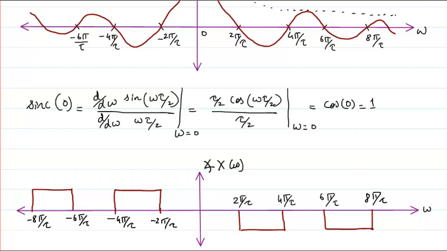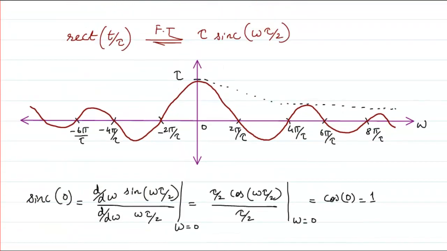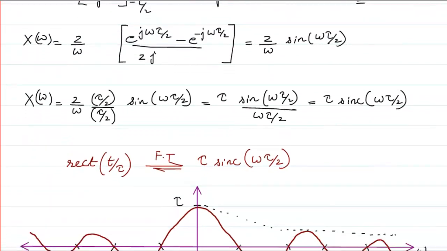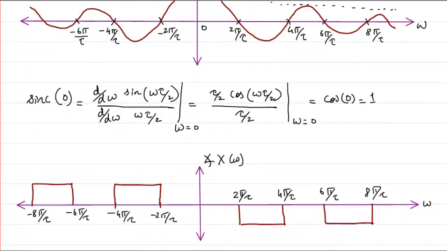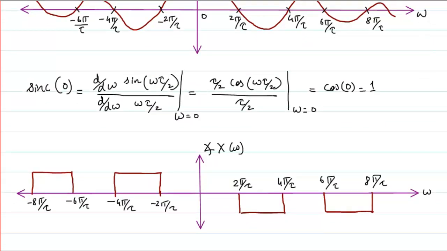So this is the phase diagram of the sinc pulse. You might be thinking, where did we get this phase from? You can get the phase from this equation. But anyway, this is the phase that we have got. I should mention that here it will be minus pi, and on this side it will be plus pi.